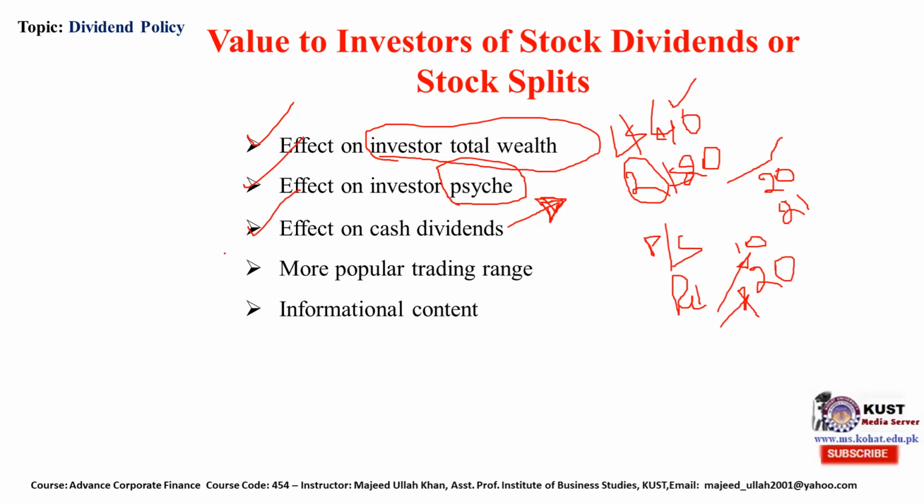More popular trading range, this is the third benefit. If we see the stock exchange, we would see that some companies have a share price of 1200 Pakistani rupees per share, like POL, Nestle, Attock Refinery, etc. Now this type of share is out of reach of the normal investor, who will not invest in such a huge share.